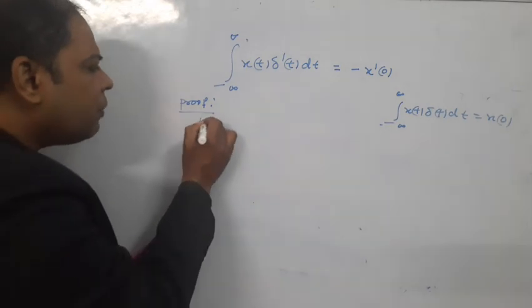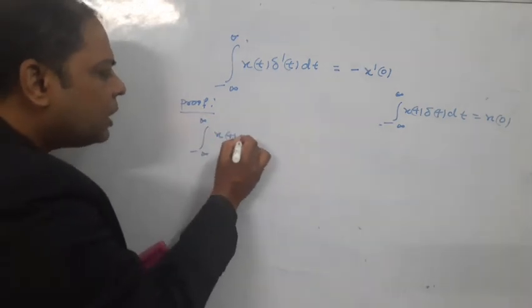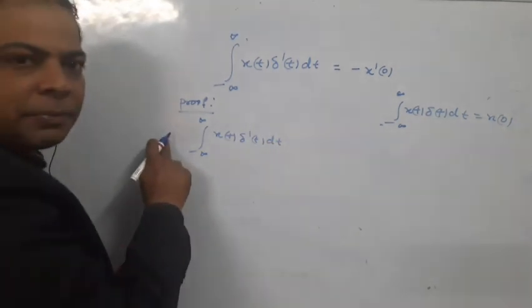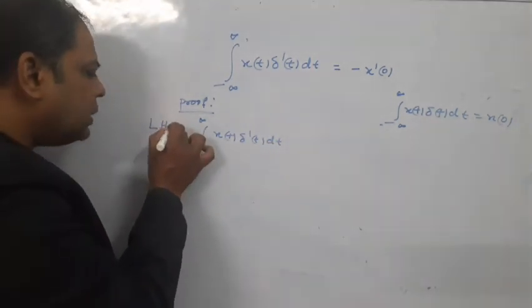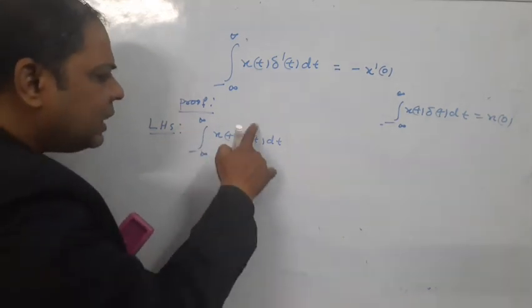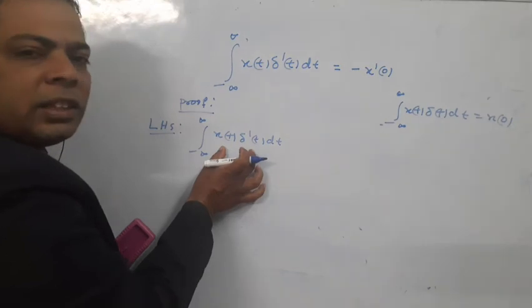Integration from minus infinity to infinity of x(t) δ'(t) dt. Suppose this is your LHS. Now for x(t) δ'(t) dt, use integration by parts.